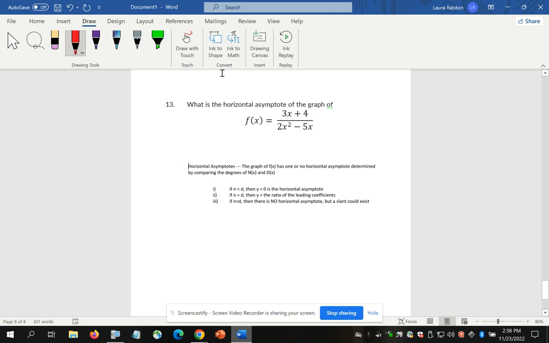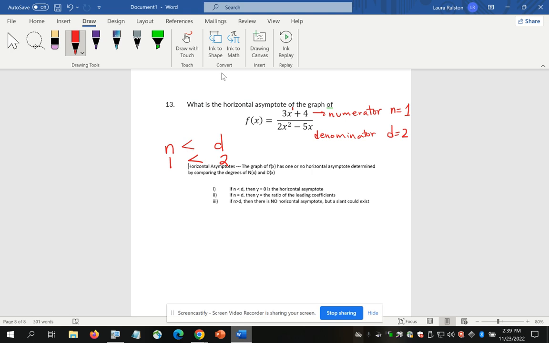So in this particular problem, the numerator is the top, and the highest exponent there is an understood 1. Remember, there's an understood 1 on this x. For the denominator, which is the bottom, the highest degree, which is the highest exponent, is 2. So if I compare the numerator to the denominator, 1 compared to 2, 1 is less than 2, so the numerator is less than the denominator.